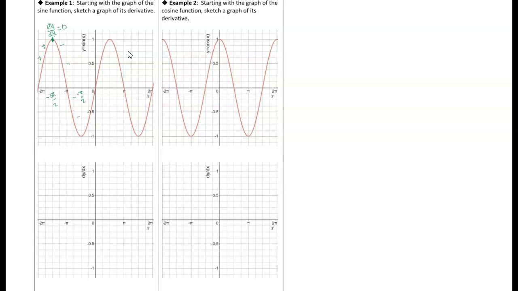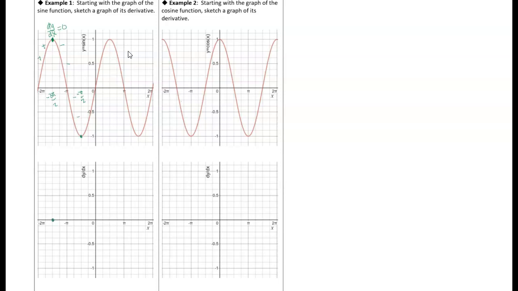Okay, so it's probably easiest just to identify the points where the derivative is 0, and those will be our x-intercepts for the derivative. Up here, we're going from increasing to decreasing. Slope is 0. So at 3 pi over 2, we're going to cross the x-axis.